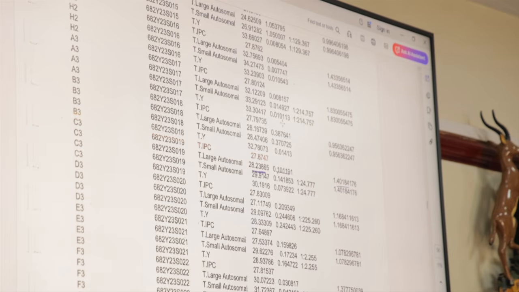My lord, I'm making reference to page 56, Defense Exhibit 5.